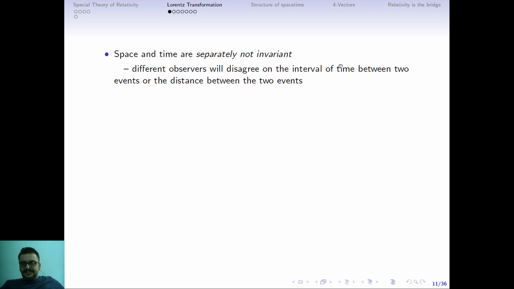Why will they disagree on the interval of time? It's because of time dilation. They will also disagree on the distance between two events. Why? Because of length contraction. So because of time dilation and length contraction, two observers will disagree on space and time separately. So we say that space and time separately are not invariant, that means they do not remain the same across inertial frames.